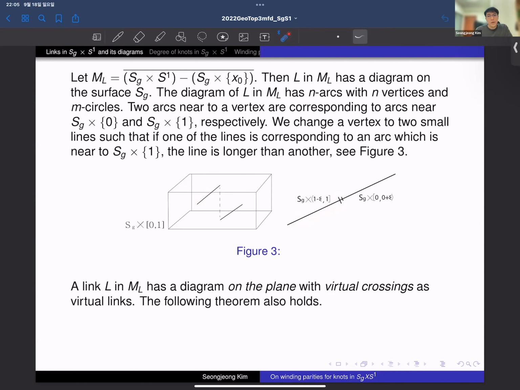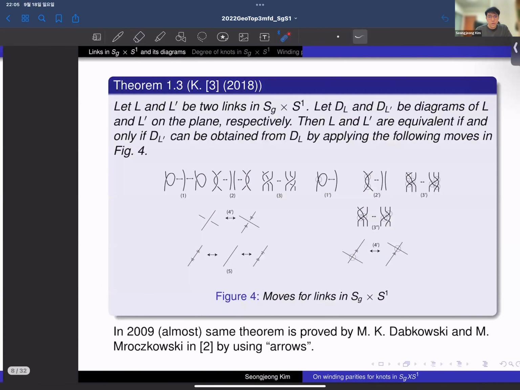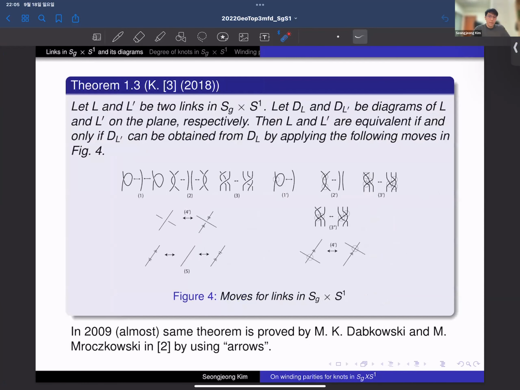Moreover, one can find finitely many local moves to present the equivalence relation of links in surface times S1. Here, those seven moves are nothing but generalized Reidemeister moves. Of course, they are needed if we see how the diagrams are constructed.